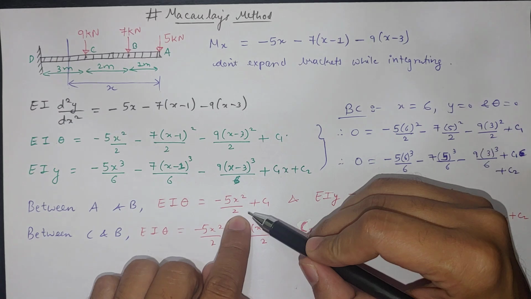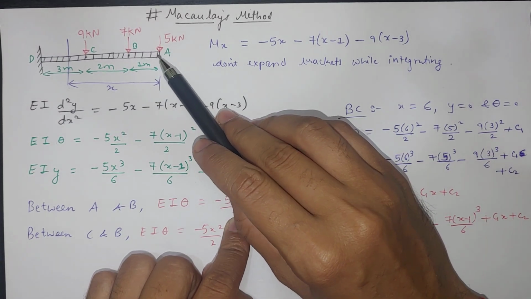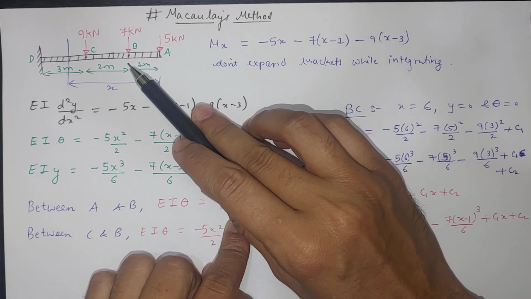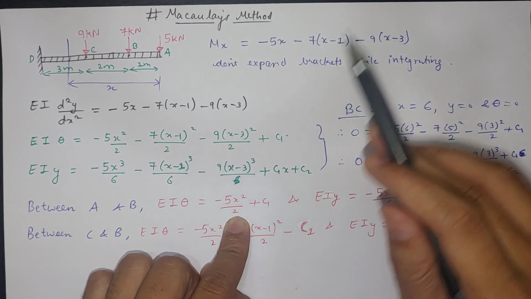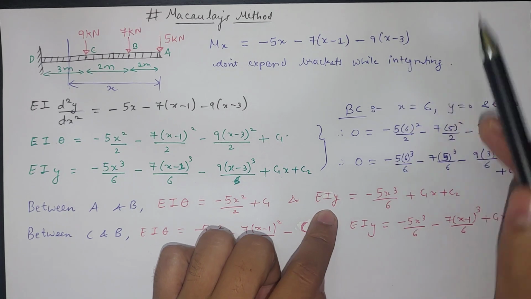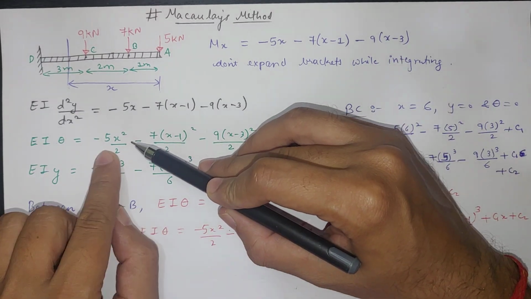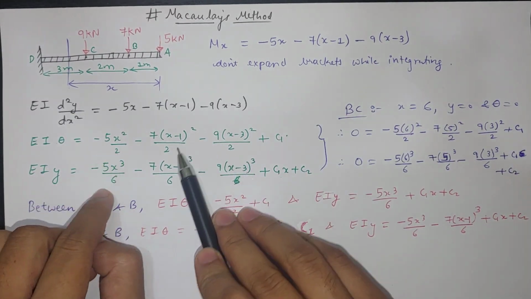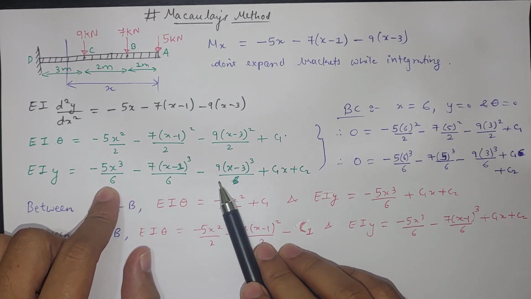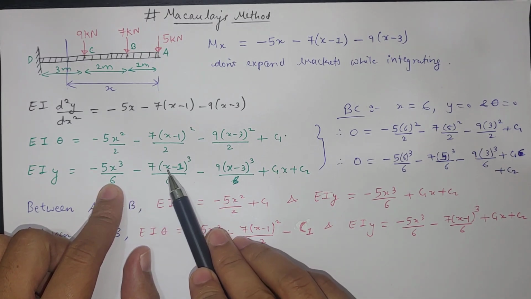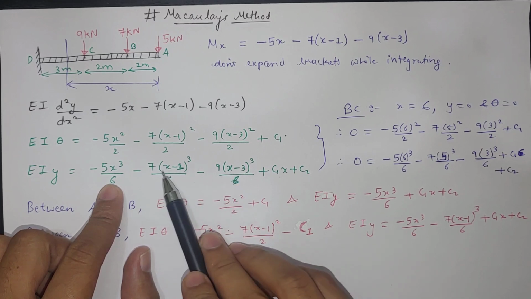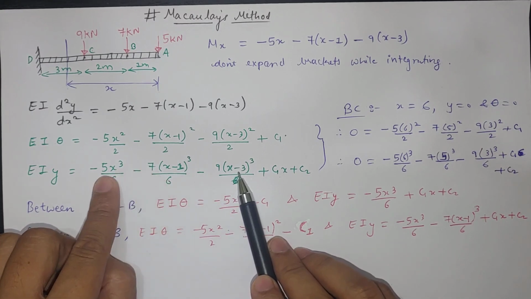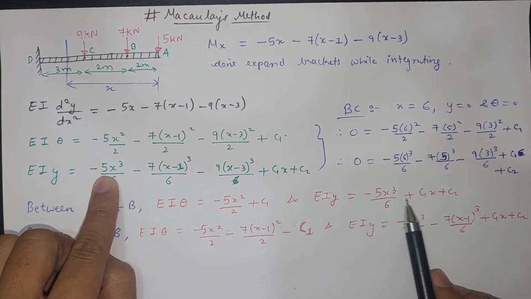These two terms I have neglected, because if we keep x equal to 0 to 1, these two terms will be negative, so we do not have to use these two terms. For y also, only the first term we have to use. These two terms we have to neglect here. If we put x less than 1, from 0 to 1, these two terms will be negative. We have to ignore these two terms, only this plus C1x plus C2.